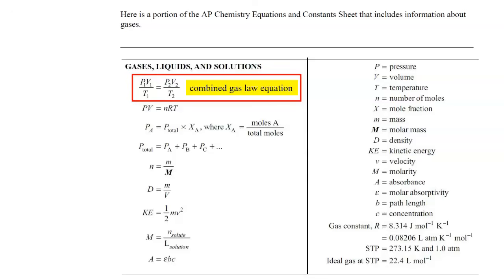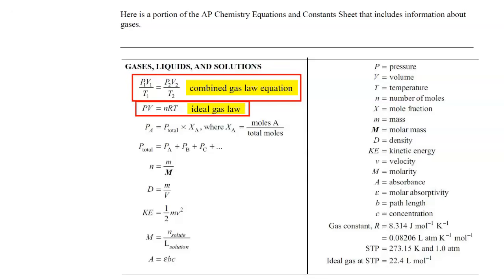So the equation is P1 times V1 divided by T1 is equal to P2 times V2 divided by T2, where the 1 and the 2 would represent the initial and the final conditions for a gas sample. So it shows you how pressure, volume, and temperature are related to each other.